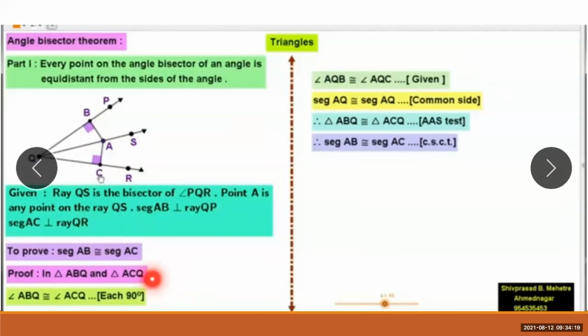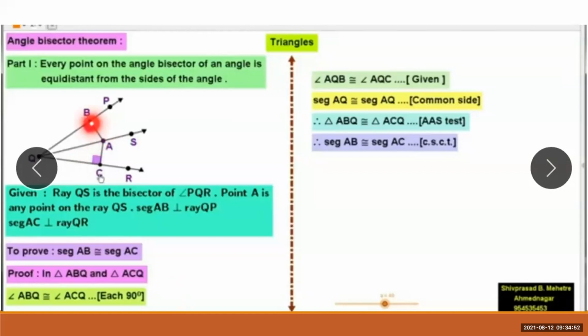Now, again, consider two triangles formed in the diagram. Triangle ABQ and triangle ACQ. This upper triangle, triangle ABQ, and another lower triangle, that is triangle ACQ. Yes? Now, in these two triangles, here we can write angle ABQ is congruent to ACQ.